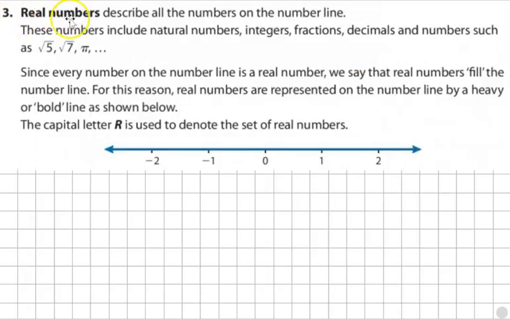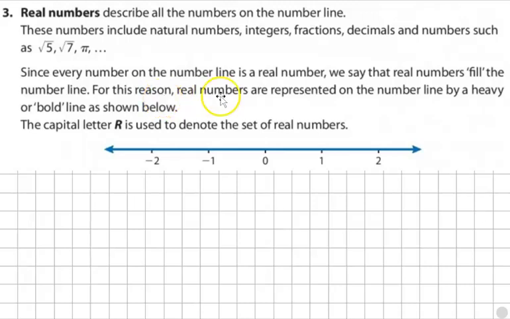Number 3, real numbers. Real numbers describe all the numbers on the number line. These numbers include natural numbers, integers, fractions, decimals, and numbers such as square root of 5, square root of 7, pi, and so on. Since every number on the number line is a real number, we say that the real numbers fill the number line.